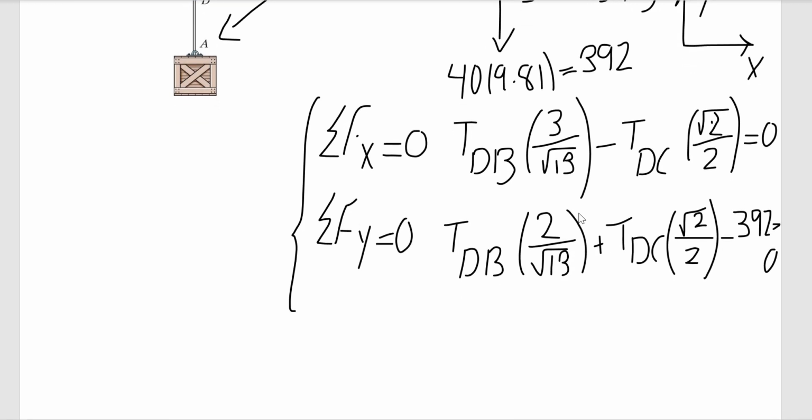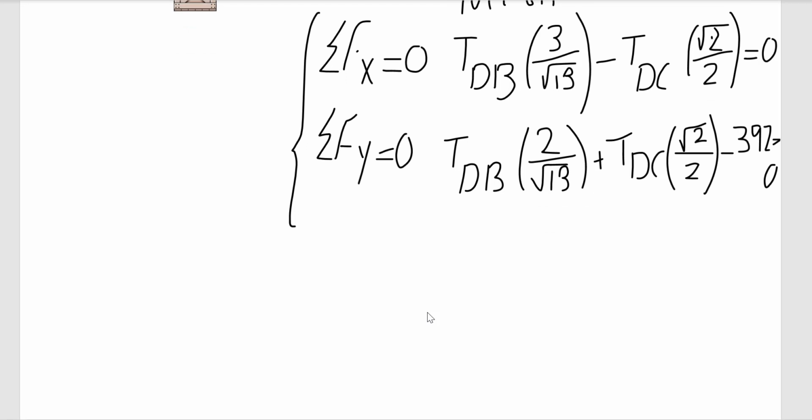So I have two equations and two unknowns. You should be able to solve two equations and two unknowns. The way we solve it, we find one of the unknowns based on the other one. Let's say I move everything to the other side, move this component to the other side. I find TDC and I replace it here.